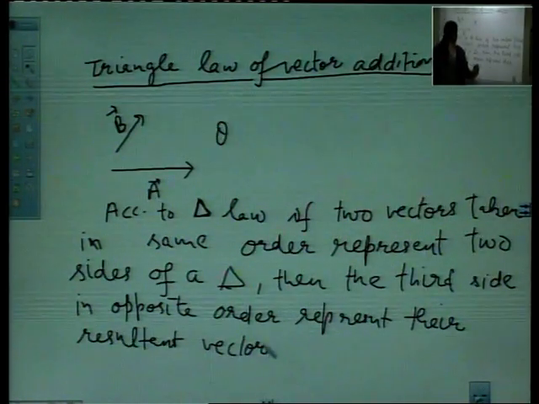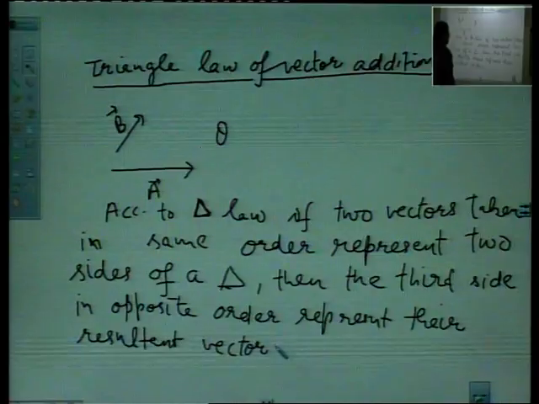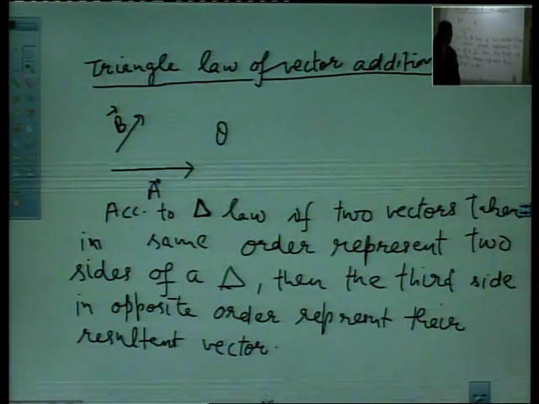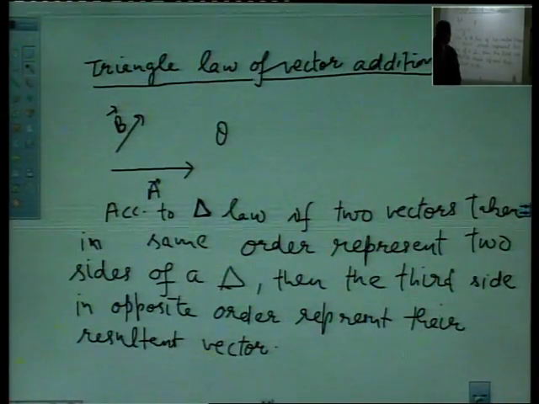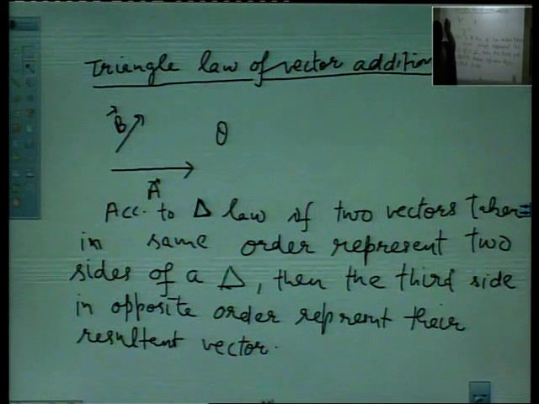The resultant vector is the result of these two vectors, which produces the same effect as these two vectors would produce collectively.